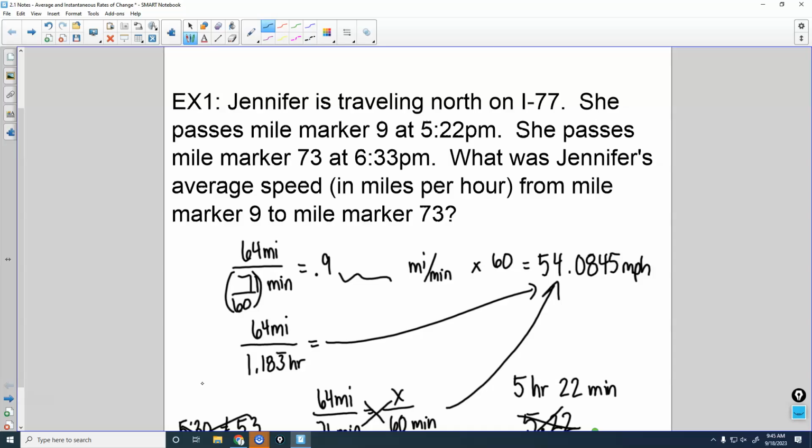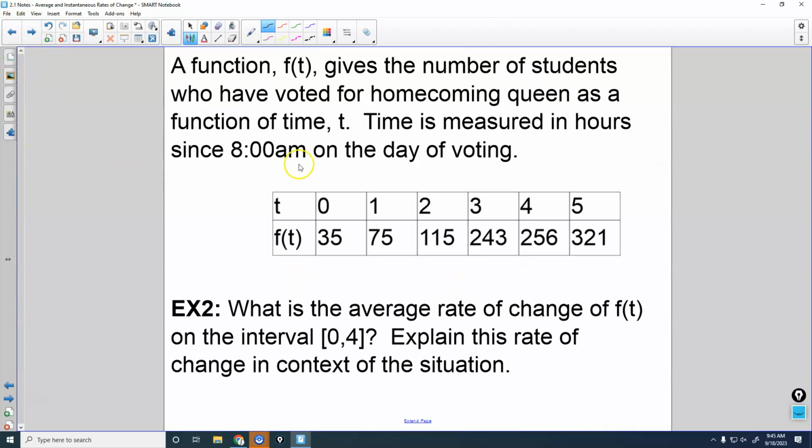So this gives us her average speed. Was she probably going 54 miles per hour much at all? Probably not. She was probably going either 10 for a while, or 80. She was probably at one of those ends most of the time, but her average speed was 54.084 miles per hour. This is average rate of speed. What we're going to be learning about is the instantaneous rate of speed.